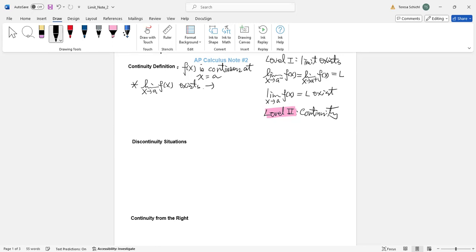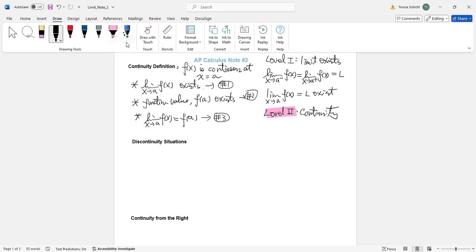Then the function value, meaning you replace x with a, so f of a has to exist. This is condition number 2. The last condition is that the limit as x approaches a of f of x has to equal the function value f of a. This is number 3.